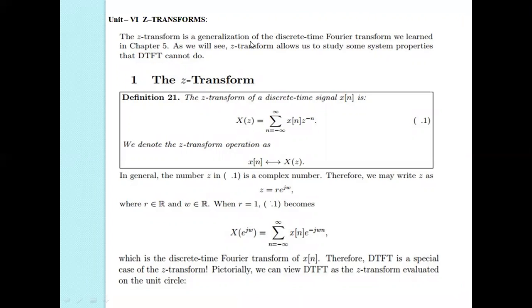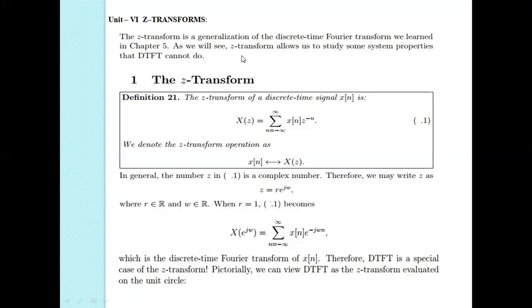The Z transform is a generalization of the discrete time Fourier transform we learned in the previous chapter 5. As we will see, the Z transform allows us to study some system properties that the discrete time Fourier transform cannot.